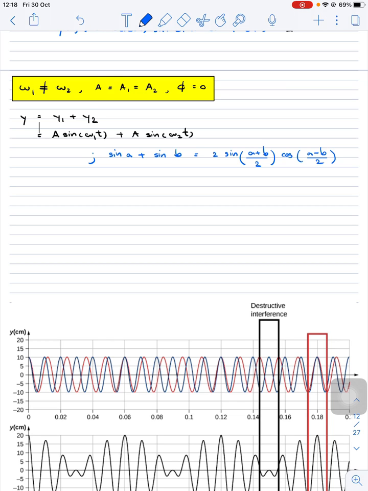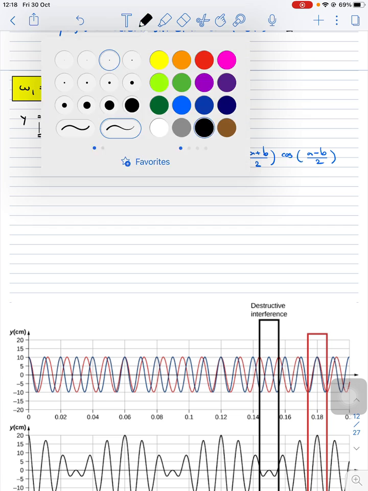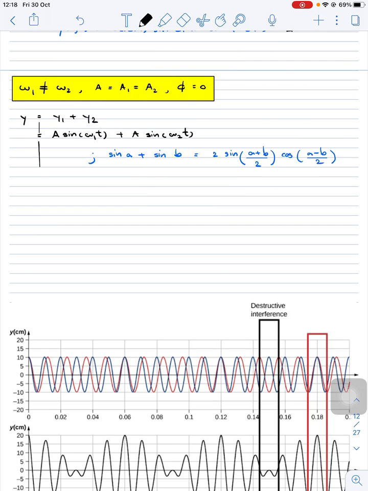Okay, so let me use this identity or property. Because the amplitudes are just the same, we can bring it out from this summation. Then the first thing we're going to have is the 2 times the amplitude A, times the cosine of the half sum.